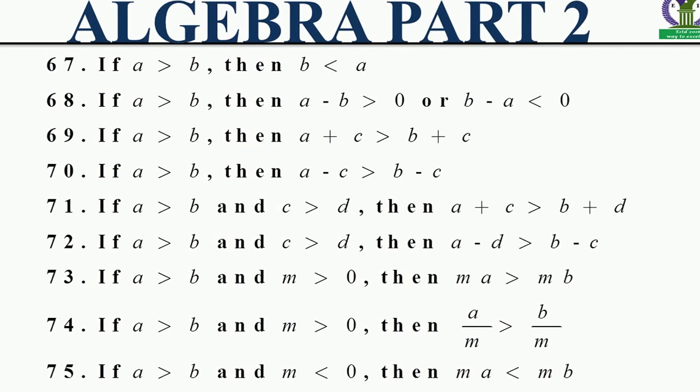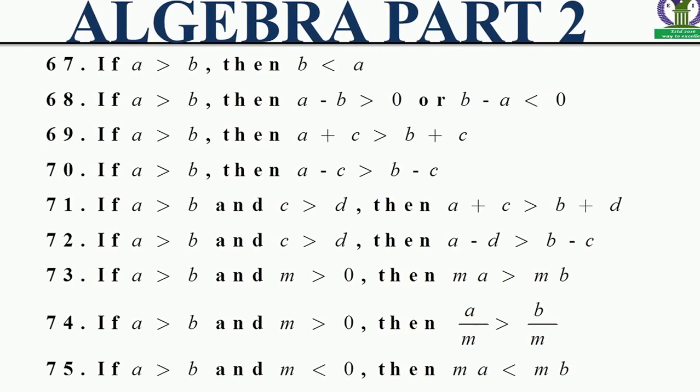Next, if a is greater than b, then b is less than a. If a is greater than b, then a minus b is greater than 0, or b minus a is less than 0. If a is greater than b, then a plus c is greater than b plus c.